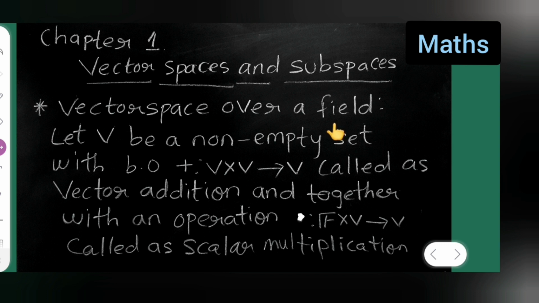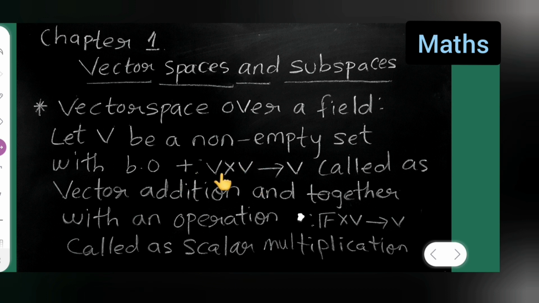This is the definition which I will be giving you all. The statement: vector spaces over a field. Let V be a non-empty set with binary operation plus, this is addition, V cross V to V, meaning when you add two vectors, it is going to give you a vector, called vector addition.